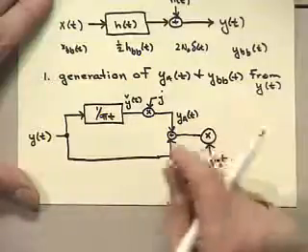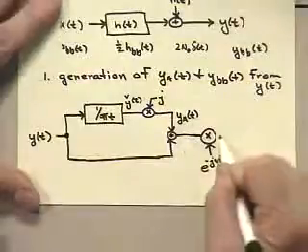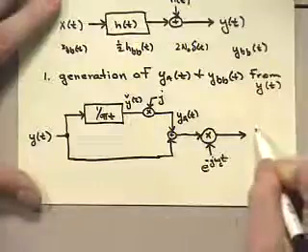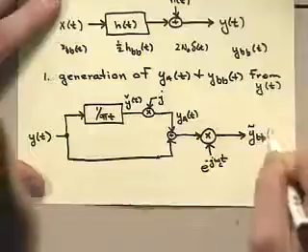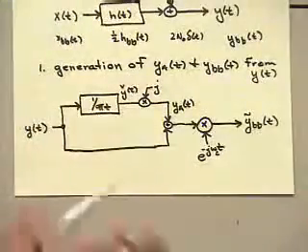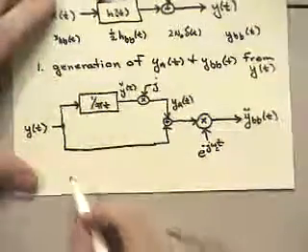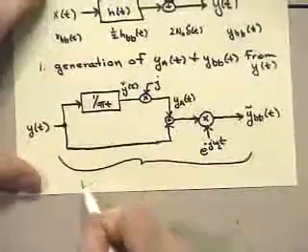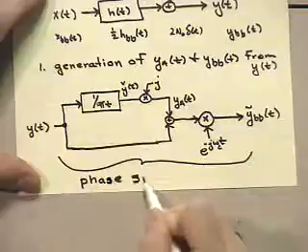And similarly, I take real times imaginary plus imaginary times real, and I've got the imaginary part of the output. So I have in effect, a complex signal right here, and this I'm going to call y tilde bb of t. It is y bb of t, but I'm going to put a tilde there for a reason that will become clear later. So this particular device in signal processing is often called a phase splitter.